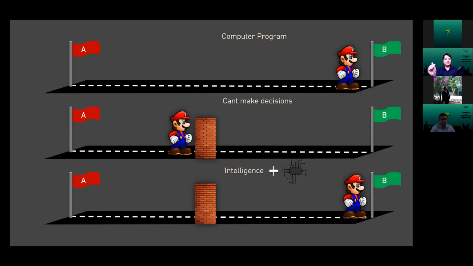Otherwise, it will be a simple computer program. We can have contingencies for a few of the hurdles, but never for all the hurdles. Therefore, there is a difference between a normal computer program and an AI generated computer program.